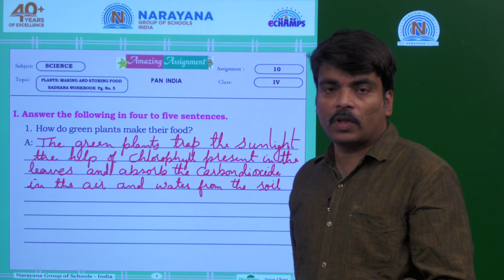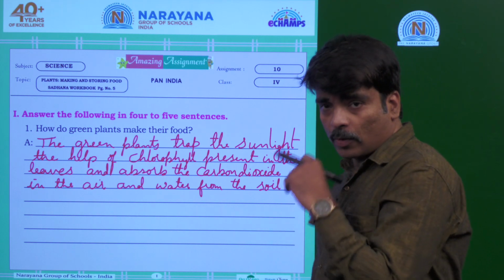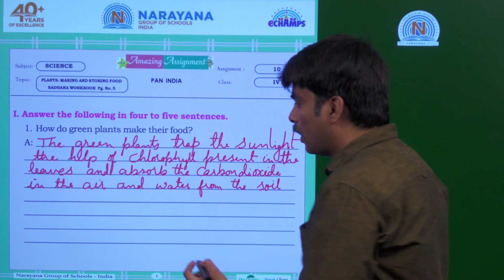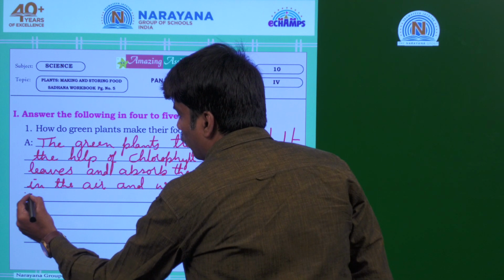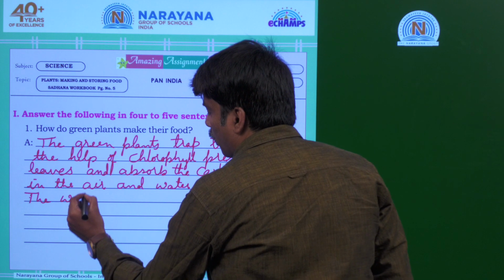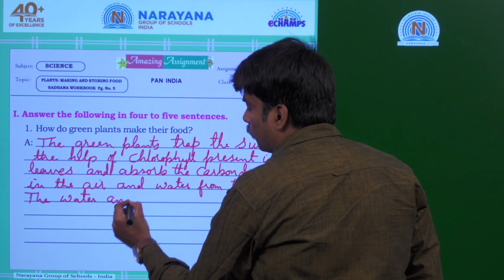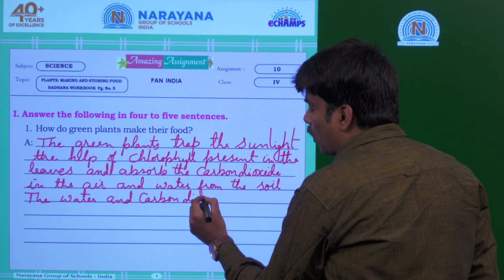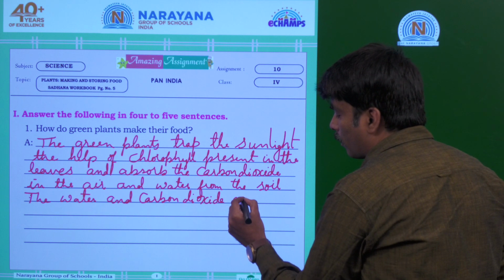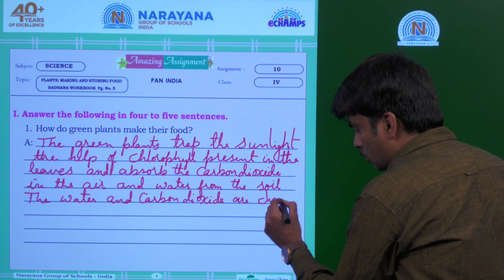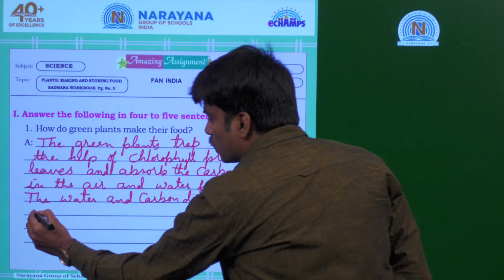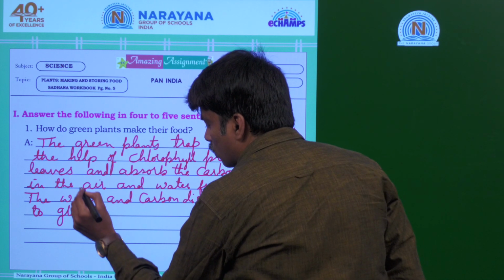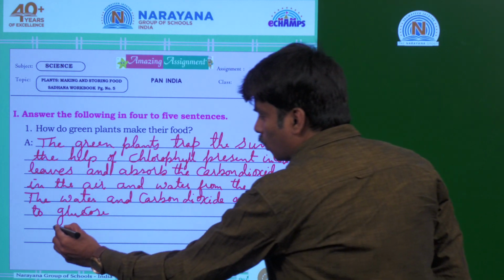So water is absorbed from the soil, carbon dioxide from the air, and they also trap the sunlight. Then what happens? This water and carbon dioxide are changed to glucose. Carbon dioxide and water are changed to glucose.